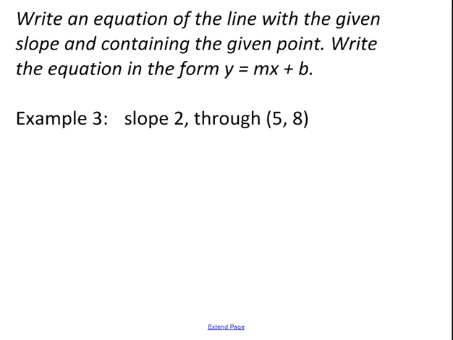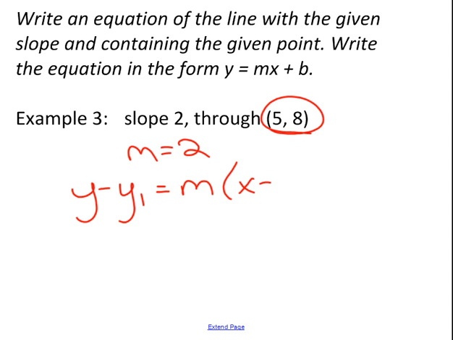All right, so write an equation. The slope is equal to 2. I did not give you b. You have to use point slope form. So 5 is your x value, 8 is your y value.